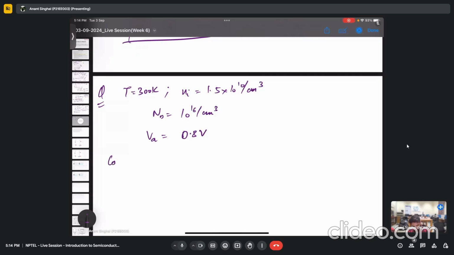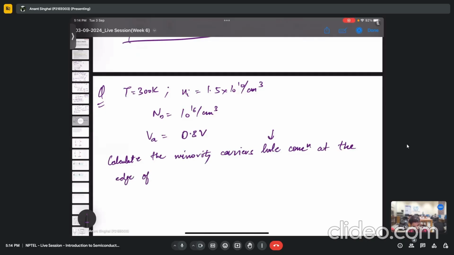So what we need to do is calculate the minority carrier hole concentration. The minority carriers, holes, will be there at the n side. I guess this is very understandable.